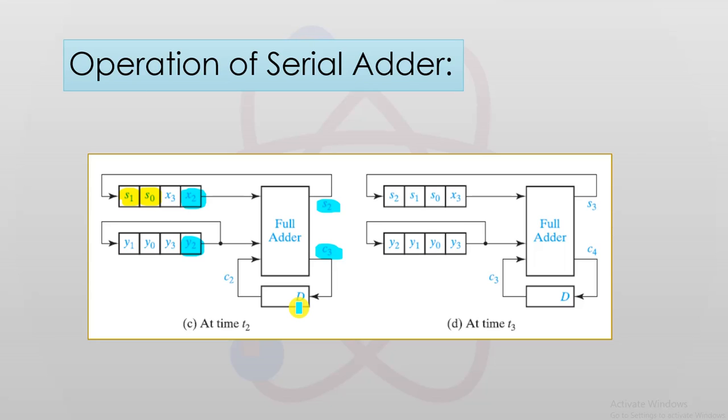And in the next step, the sum has been moved to the accumulator, so the contents of the accumulator now will be S2, S1, S0 and the contents of the addend register have been shifted. So during the time interval T3 we will be adding X3 and Y3 along with the carry C3 in the full adder to produce the sum S3 and the carry C4.